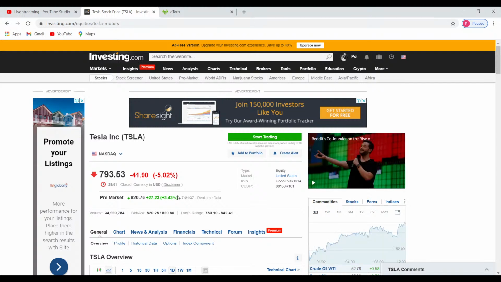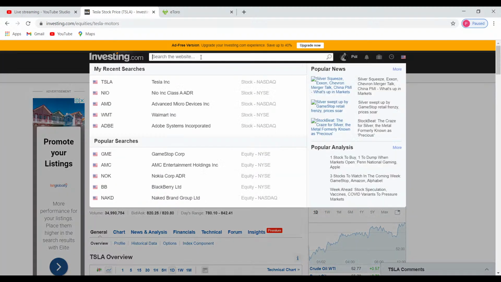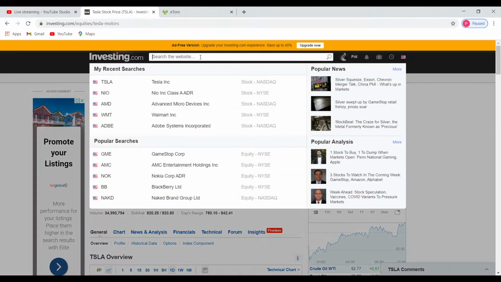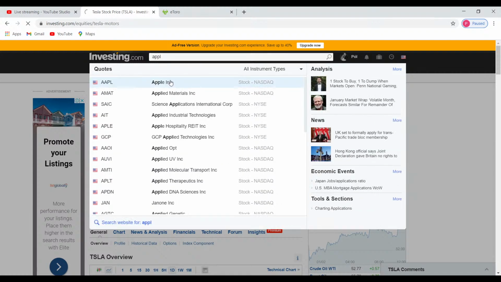So both Neon and Tesla are just in the same trend. They have massive moves to the upside and massive moves to the downside. But still, the trend is positive, and that in the long run should be a very, very good investment. The last one I'm going to look at is Apple.